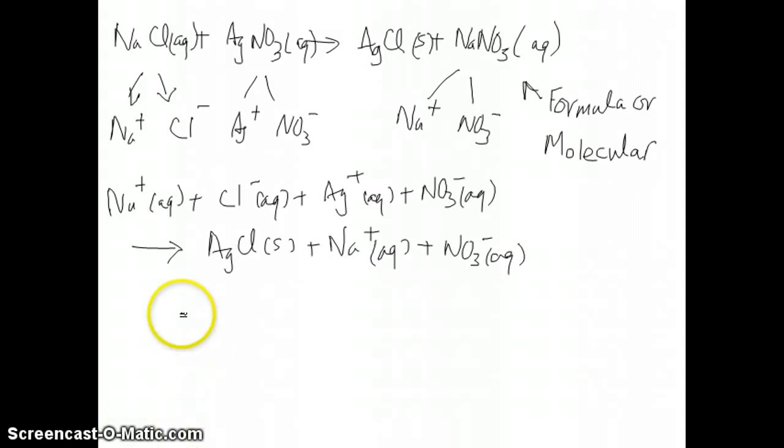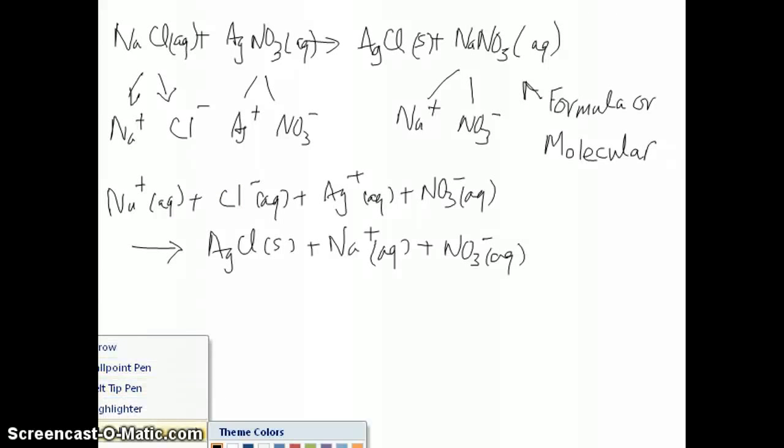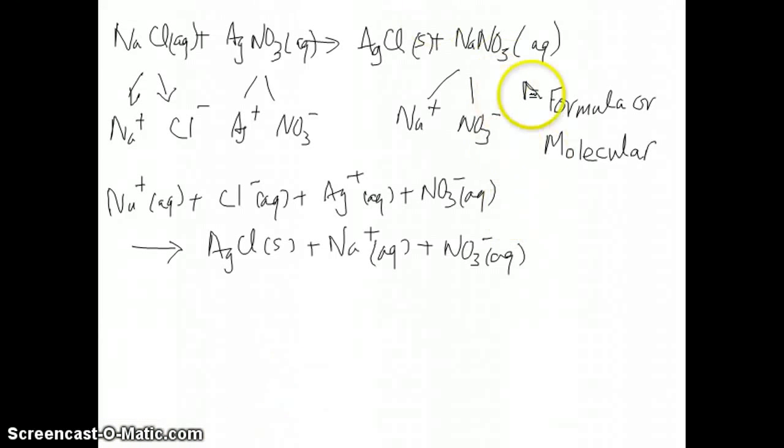Okay, so that's your complete ionic equation, and let me just write that down right here as your complete ionic equation. Okay, it's this one right here.